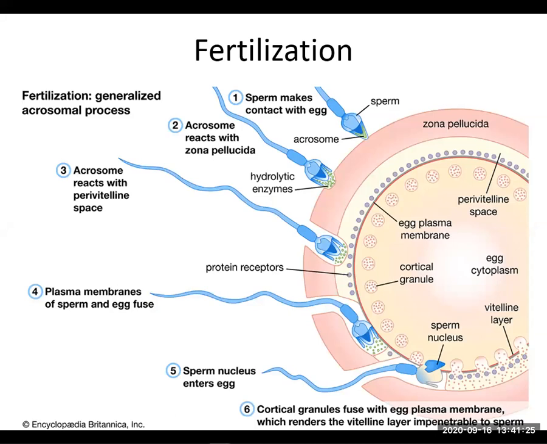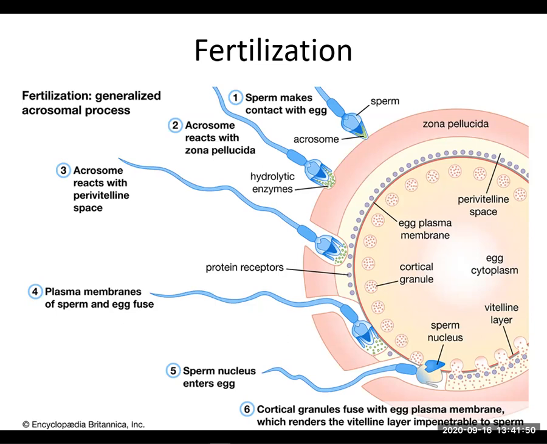Later we will see that eventually we will have two polar bodies and a fertilized ovum. So this picture shows more like a step-by-step process of how sperm enter into the oocyte.